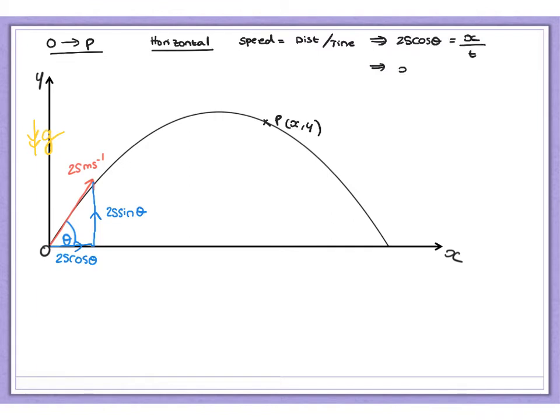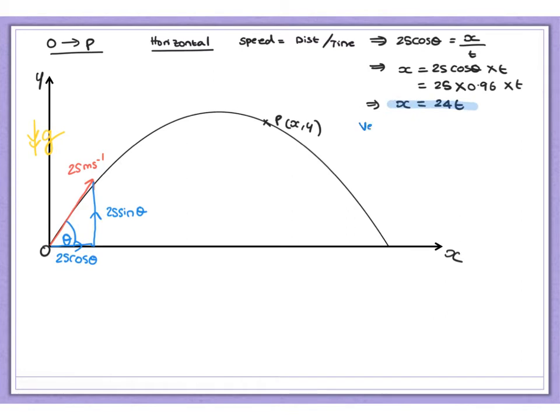So this gives us x equals 25 cos theta multiplied by t, but the question actually tells us the value of cos theta. It's equal to 0.96. So this then simplifies down to give us x equals 24t, which was as required. So there's the first of our parametric equations.